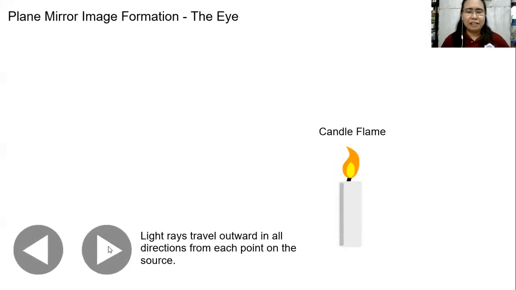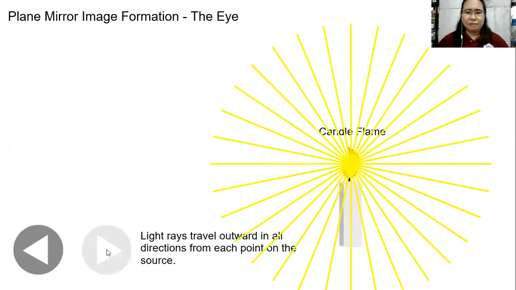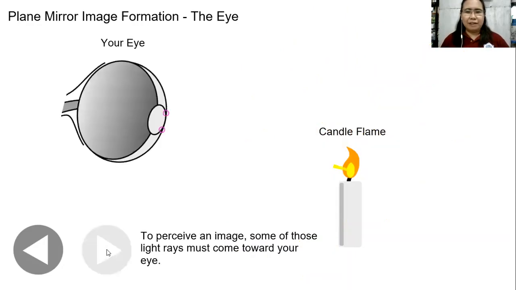Okay, so papakita dito kung paano nabubuo yung image sa mga plane mirrors. So, as we know, light travels outward in all directions from each point on the source. To perceive an image, some of those light rays must come toward your eye. So, pag nakatingin tayo dito sa candle flame for this example, the light rays will come to our eyes.